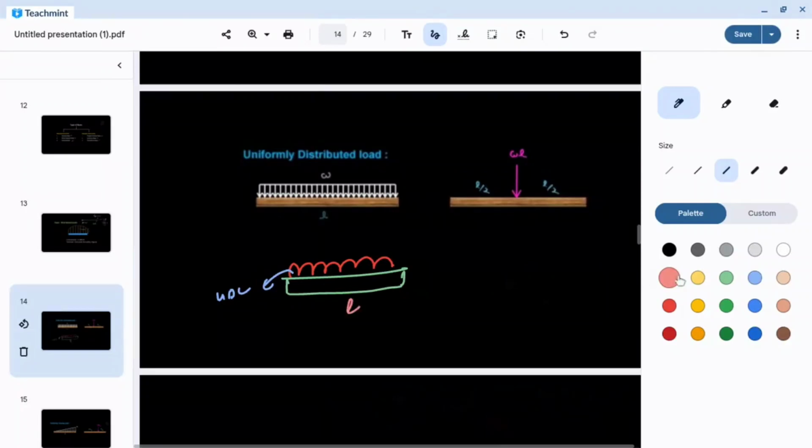W per unit length, so what should be the value of the load? Likewise, for a UVL, the load is WL square by 4 in the example.